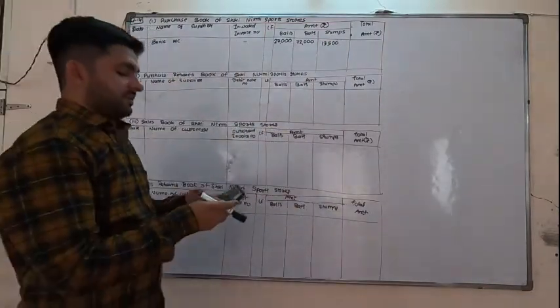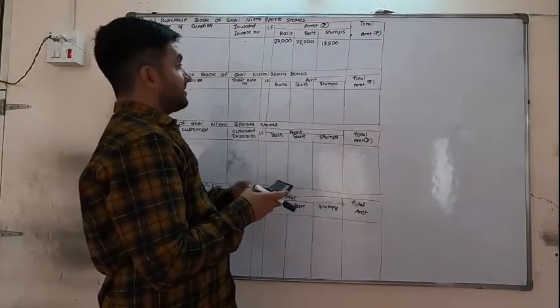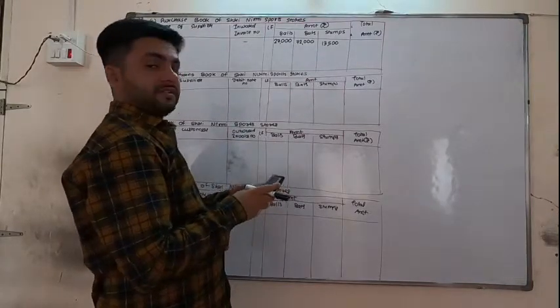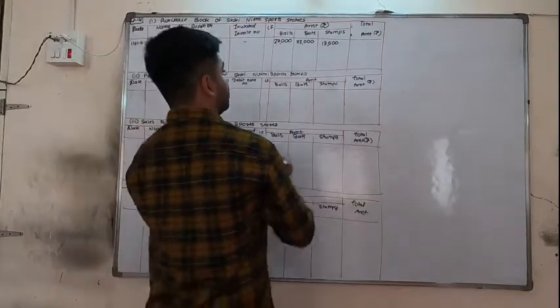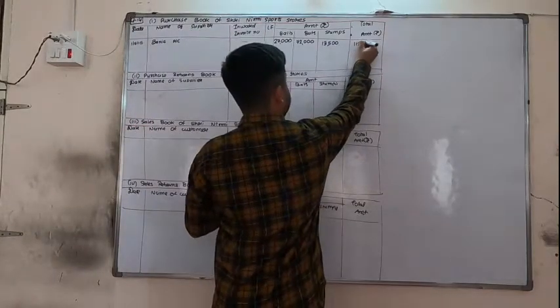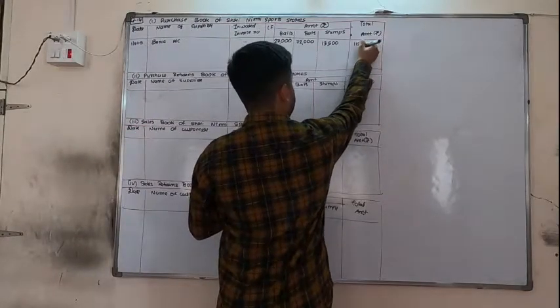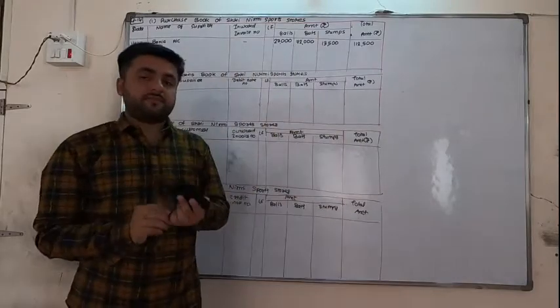Okay, let's take the total: 27,000, 72,000, 13,500, that is 1,12,500.